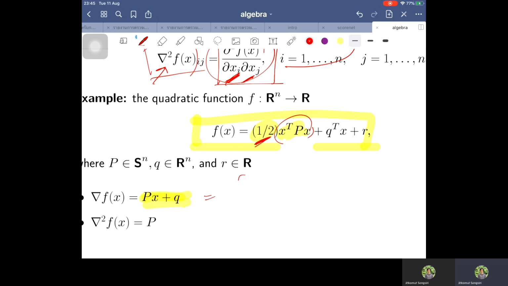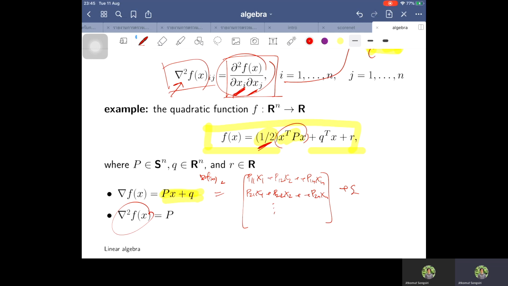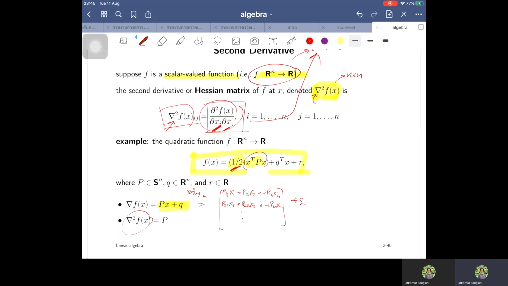And for Px plus q, it's going to be p11 x1, p12 x2, dot dot dot, p1n xn, and so on, plus q. This is the gradient. Then for the Hessian, as we said, the Hessian is the derivative of the gradient.